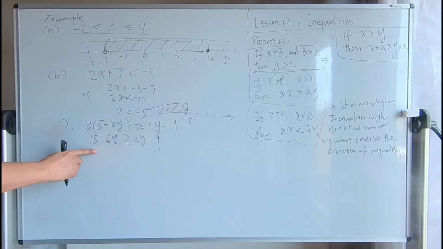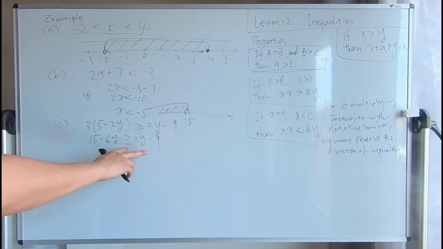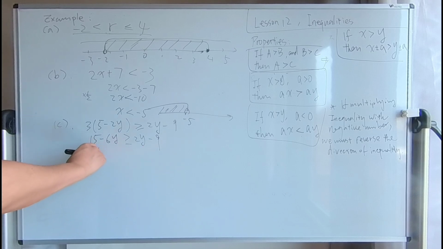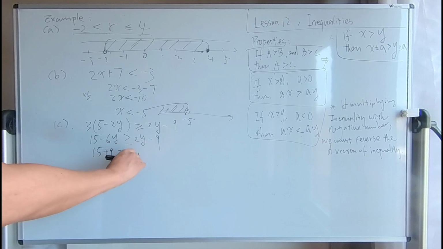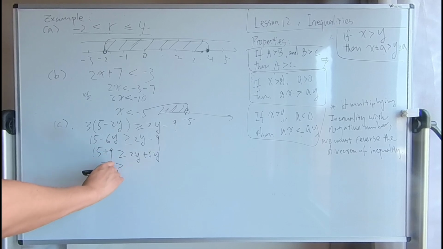Moving 9 over here, it's similar: if you subtract and add numbers, it's the same as what you did for the equation. So 15 plus 9 greater than or equal to 2y plus 6y. So I have 24 greater than or equal to 8y.